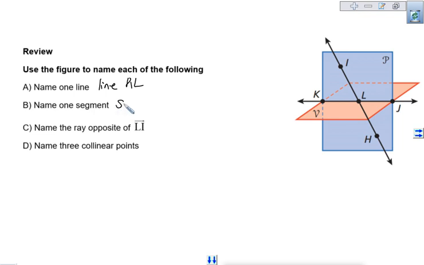Yes, you have to write segment in front. So segment KL. Again, make sure that those letters are capitalized and print if you are writing them by hand. And make sure that those points are capitalized.